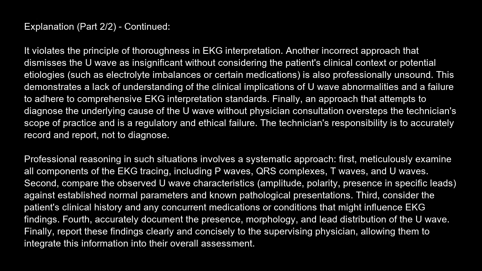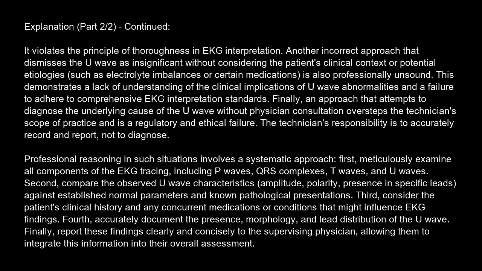Professional reasoning in such situations involves a systematic approach. First, meticulously examine all components of the EKG tracing, including P waves, QRS complexes, T waves, and U waves. Second, compare the observed U wave characteristics, amplitude, polarity, presence in specific leads, against established normal parameters and known pathological presentations.